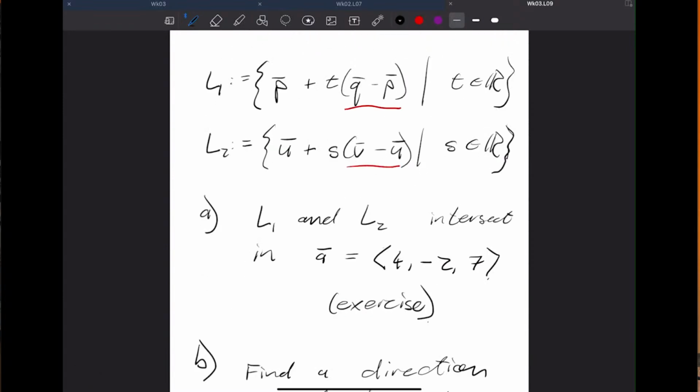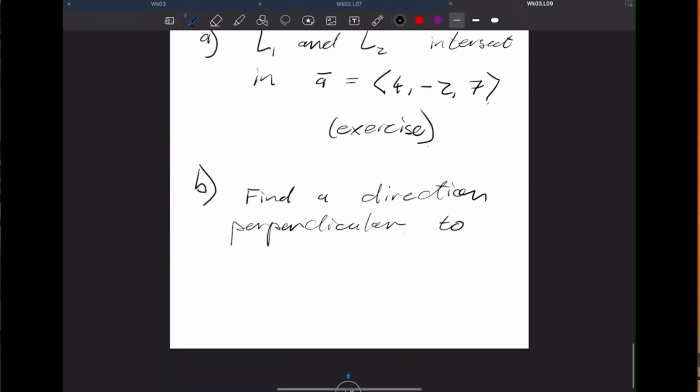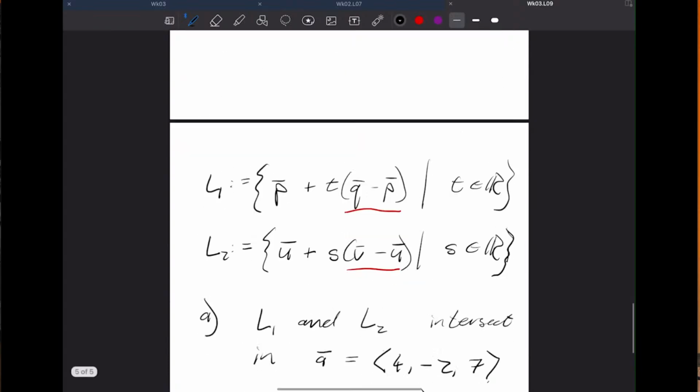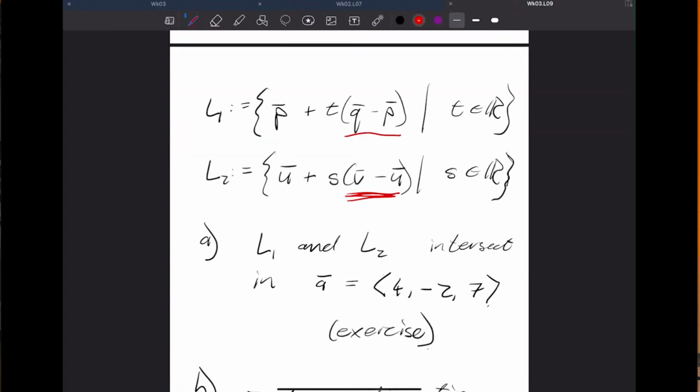So perpendicular to Q minus P and V minus U. So we take the direction vectors of the 2 lines that we have, L1 and L2.